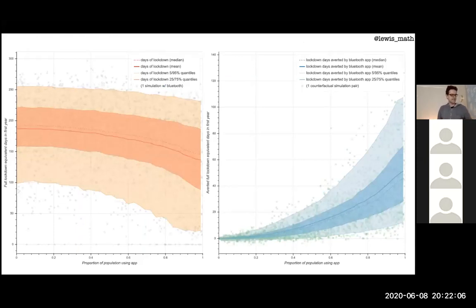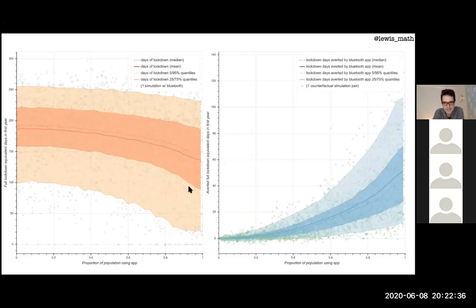So along the x-axis here, in both of these figures, I'm showing the proportion of the population using the app, right? And so these are a bunch of random draws from a uniform distribution over that proportion. And then on the y-axis on the left, we've got the number of lockdown days that we have in these simulations.